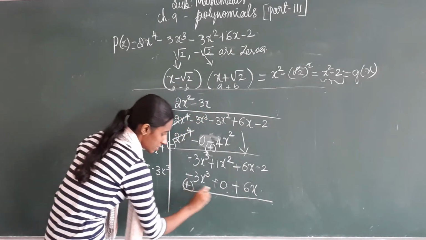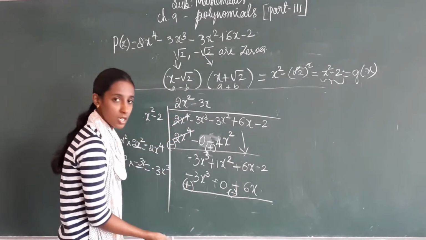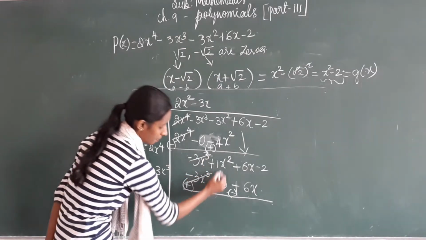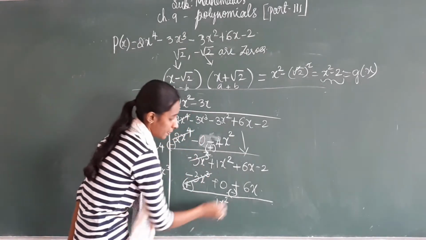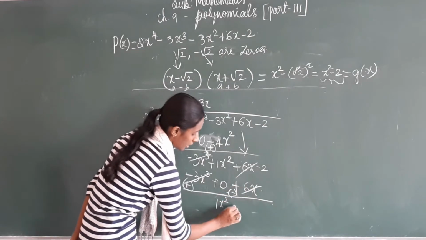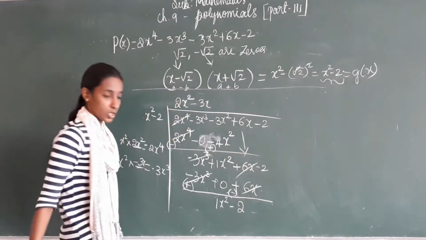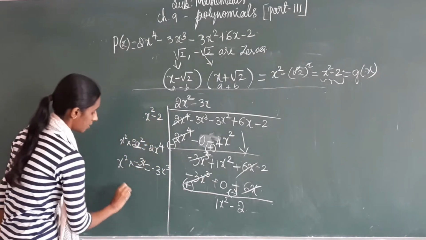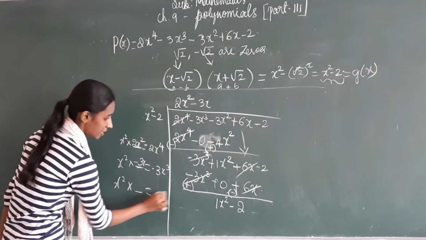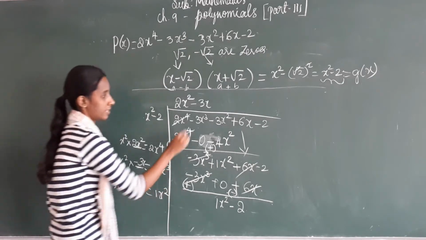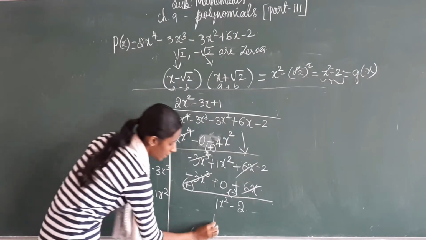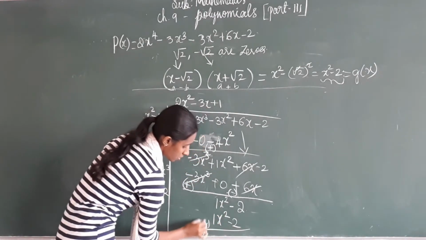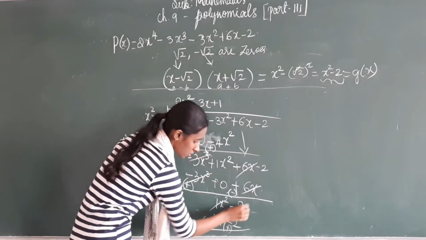Next step is changing the signs: wherever you have minus, change it to plus; wherever you have plus, change it to minus. So it gets cancelled. Plus 1x² as it is, then plus 6x minus 6x gets cancelled, and it is minus 2. Now x² into 1 is 1x², then minus into plus is minus 2. The remainder is zero.